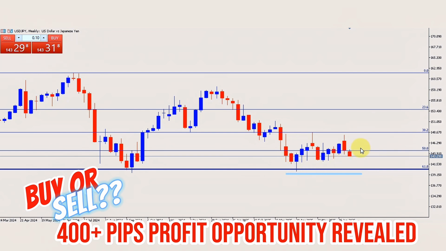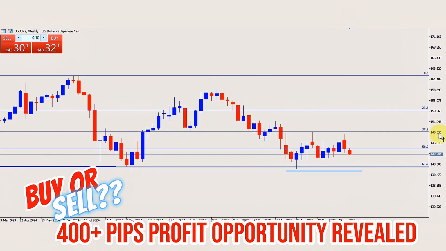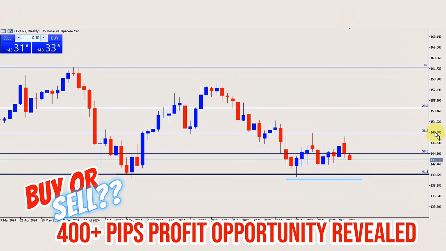We are not buying USDJPY because of the overwhelming bearish contest that I see currently happening on this chart. That being said, I think it is safe for you to sell.